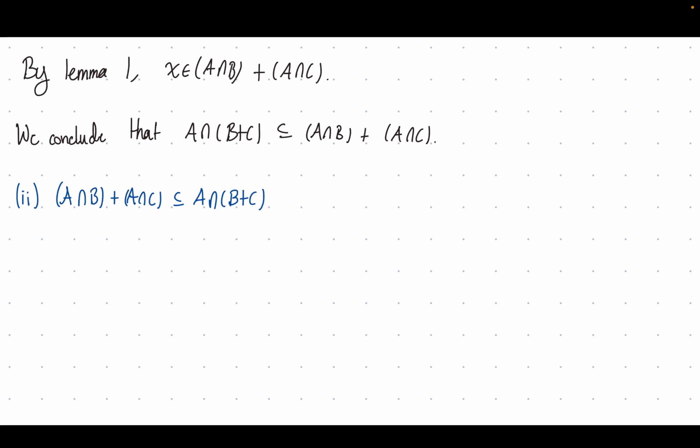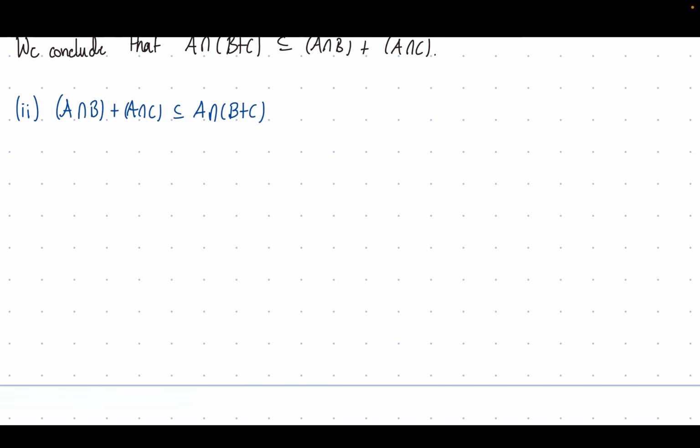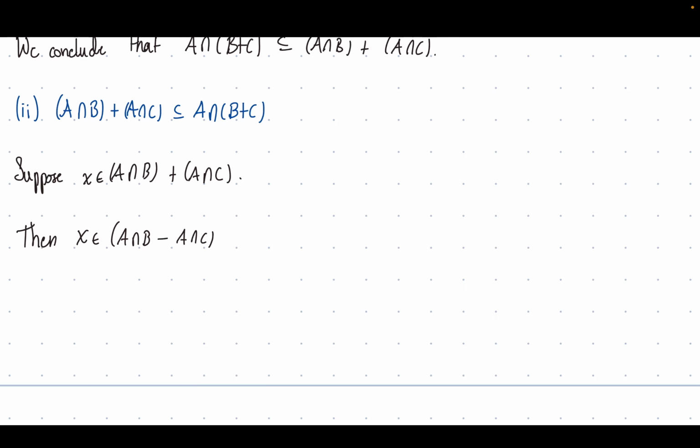Cool. Alright, so now let's suppose x is in A intersect B plus A intersect C. Then x is going to be in A intersect B minus A intersect C, or it's going to be in A intersect C minus A intersect B. And let me put the parentheses where they belong.